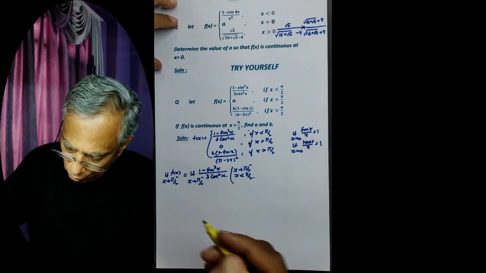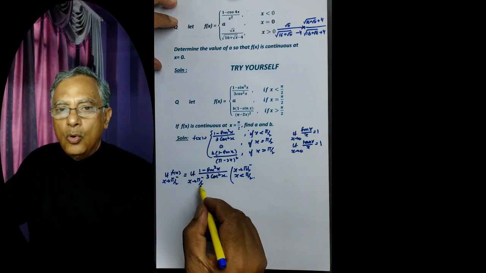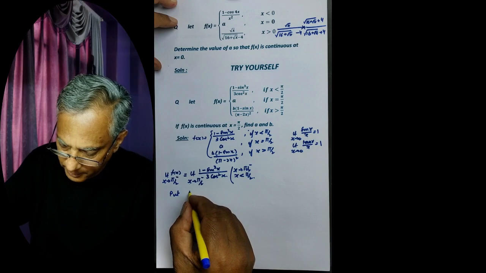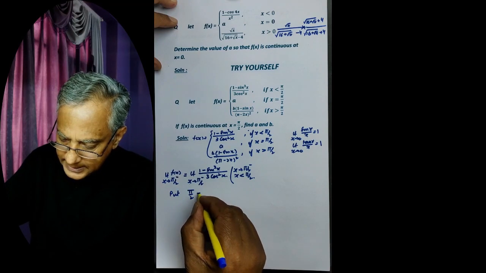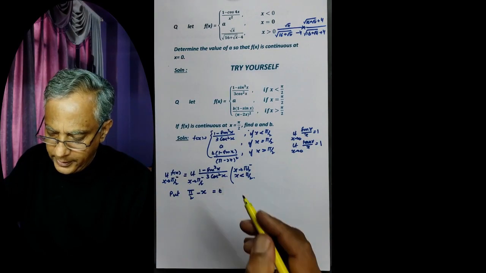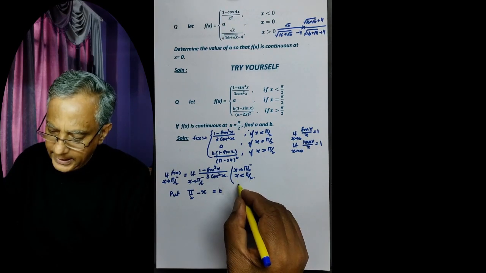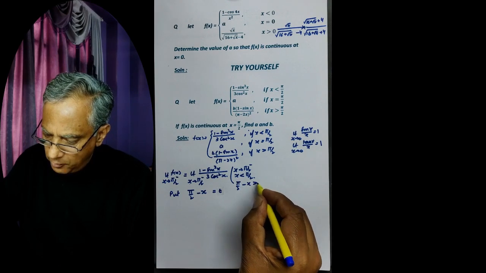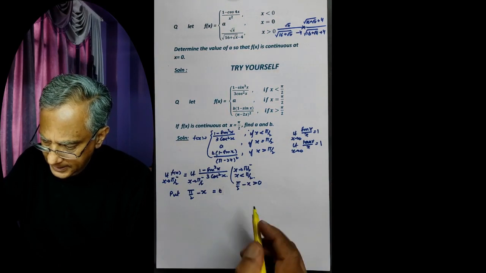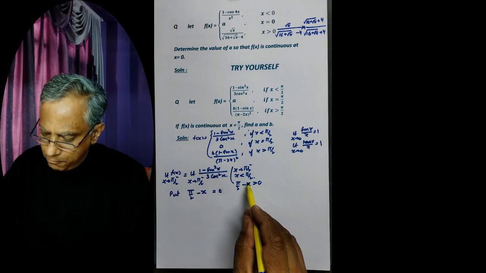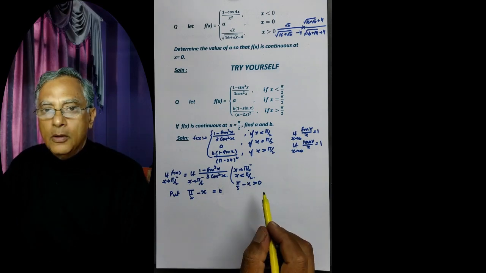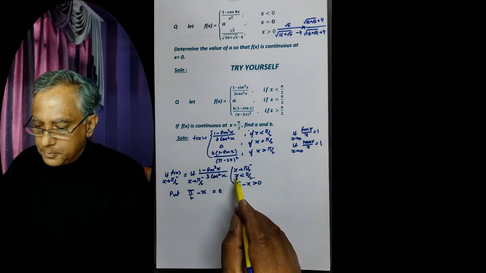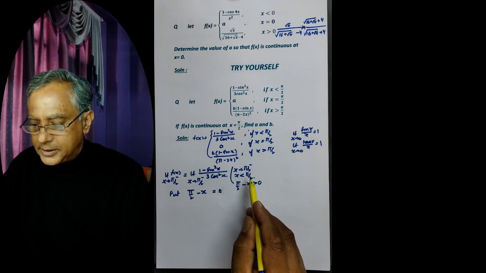And now to change this into 0 limit, what we do is we put pi by 2 minus x equal to t. What we note here is that pi by 2 minus x is greater than 0, which is positive. If x approaches pi by 2 from positive side, we will have x is greater than pi by 2.